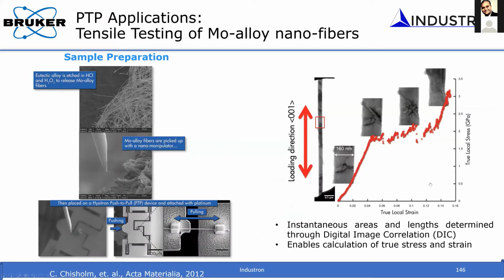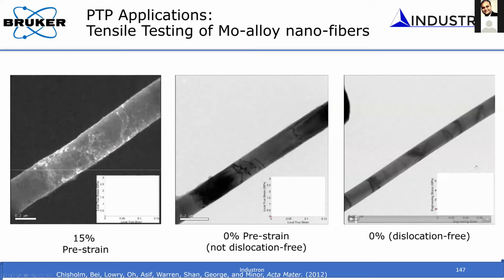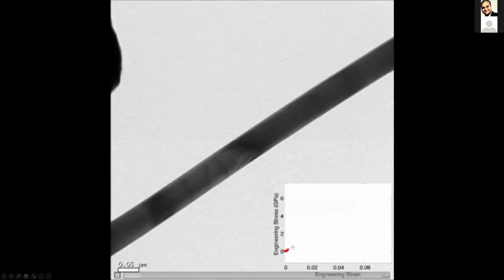Okay, so now if you have a dislocation-free region and do the same experiments, let's look at this video. Again, you can see this elastic response. Okay, nothing is happening. This area is dislocation-free. Nothing is happening, and then you reach a maximum load. Boom.